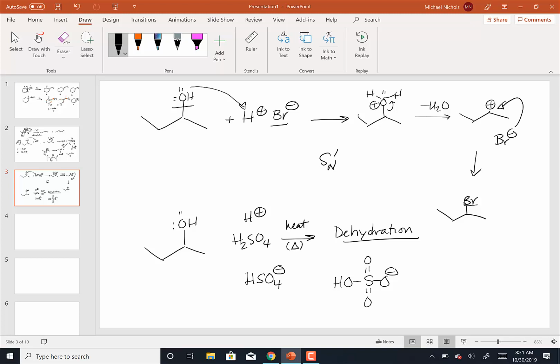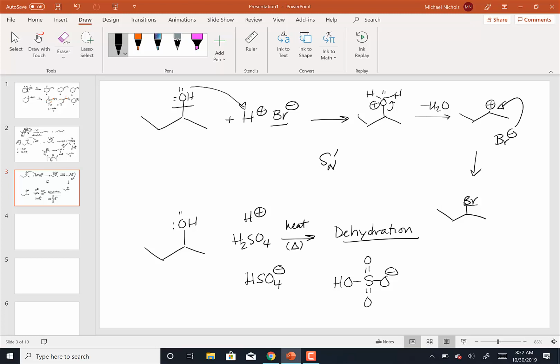And we already wrote the mechanism for the formation of those products a few minutes ago. So the reactions of alcohols could be SN1 or they could be E1. It's really going to depend on the source of the H+. You want to do SN1, use HBr, HCl, an H plus with a nucleophile.